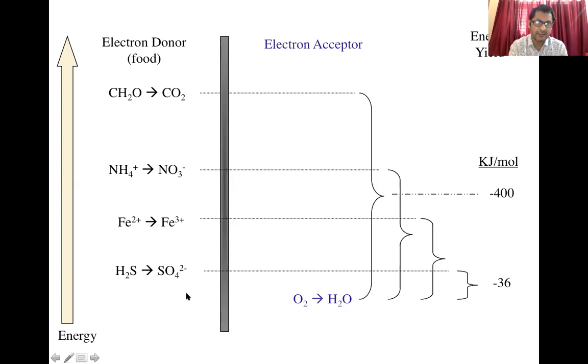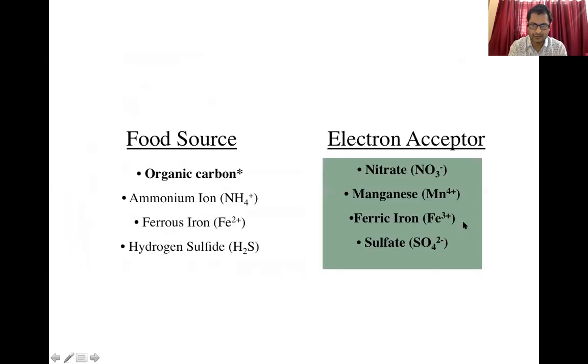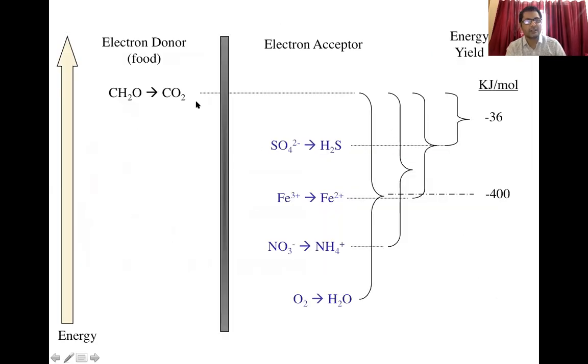A similar amount of energy is released when sulfate is used as electron acceptor, converted into sulfide, and the electron donor there is carbohydrate only. Which we write in the next slide. Here, when the carbohydrate is used as an electron donor and the sulfate is used as an electron acceptor, the same amount of energy, 36 kilojoule per mole, was released. So you understand the difference of different electron acceptor and electron donor, right?